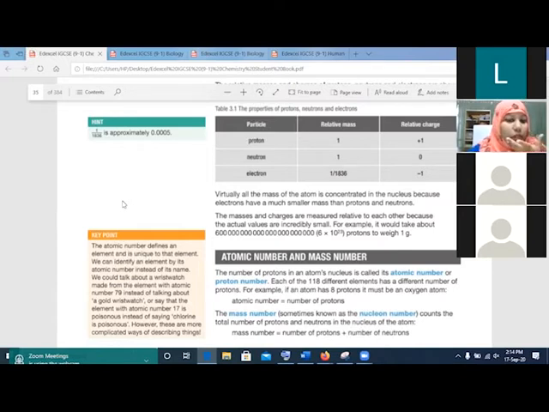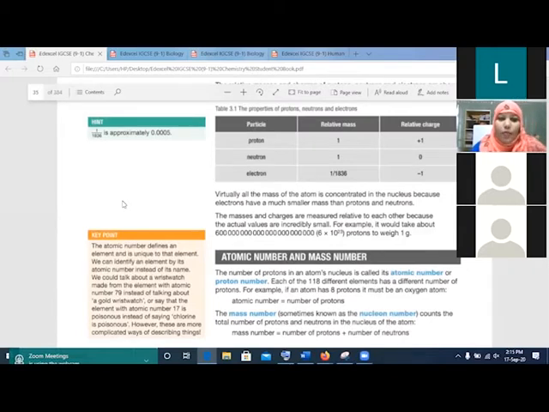So if we know that an unknown sample of an element is made up of atoms with atomic number 12, we can say that element is magnesium, because atomic number 12 is specific only to magnesium.